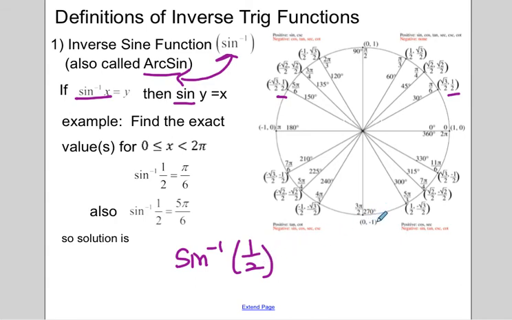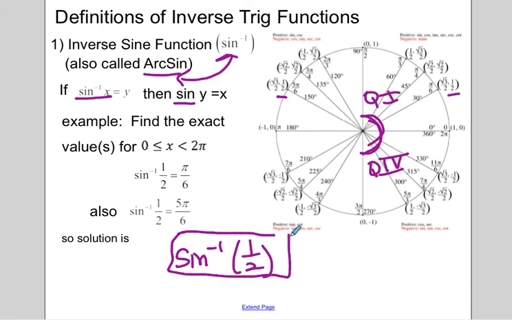Sine inverse has been restricted to look at just this part of my unit circle. The reason it's really only quadrants 1 and 4 is because you see how I would have all my positive y values and all my negative y values here? So if I only tell you this, to find this, your only answer would be pi over 6.